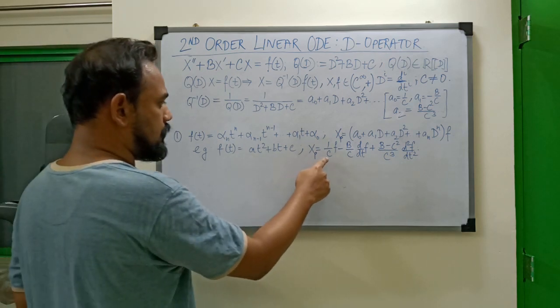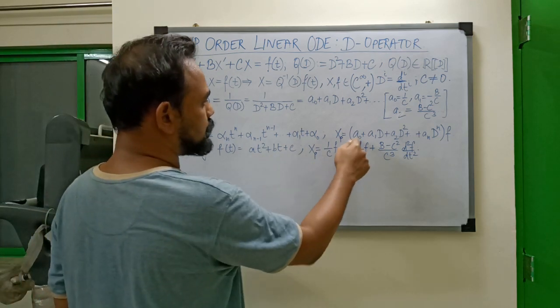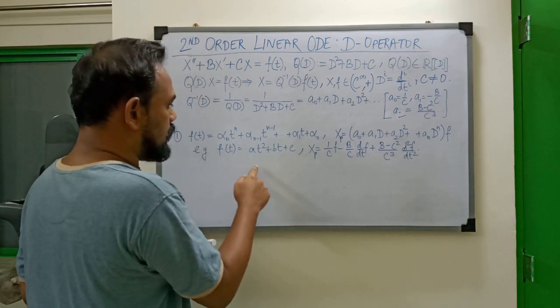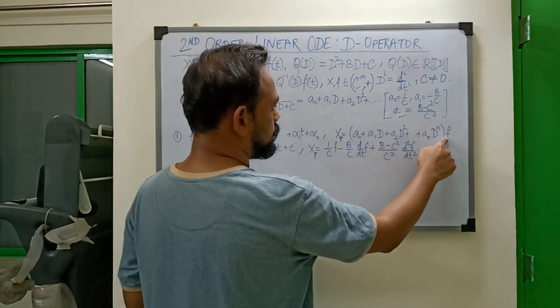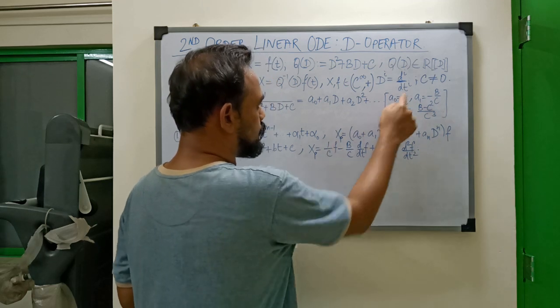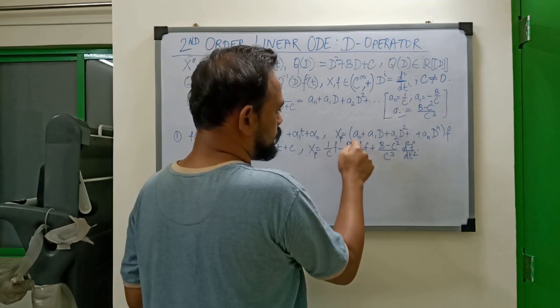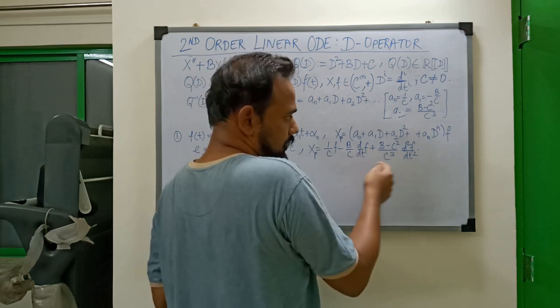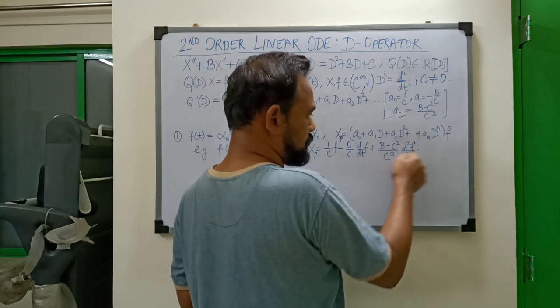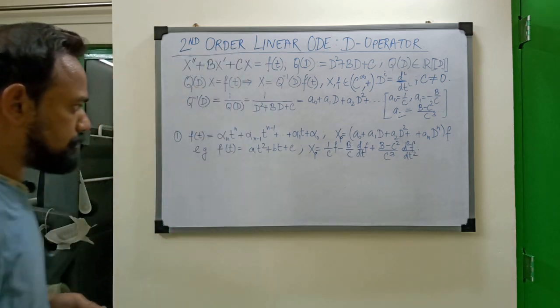And therefore, just putting the values of A0, A1, and A2, A0 was 1 over C, and A1 was minus B over C. D acts on F by differentiation, D2 acts on F by double differentiation, and that was the end of it.